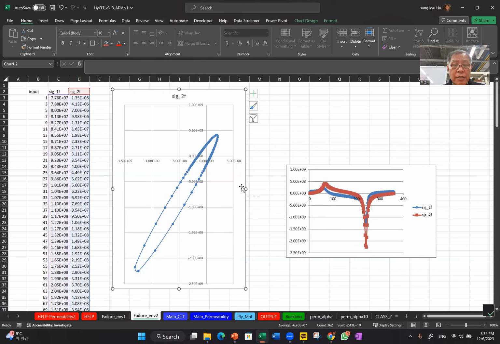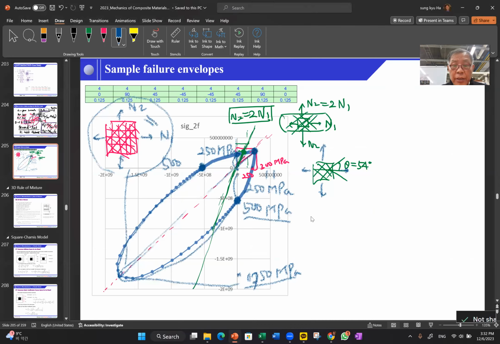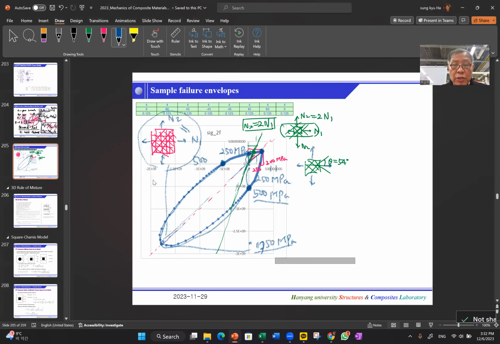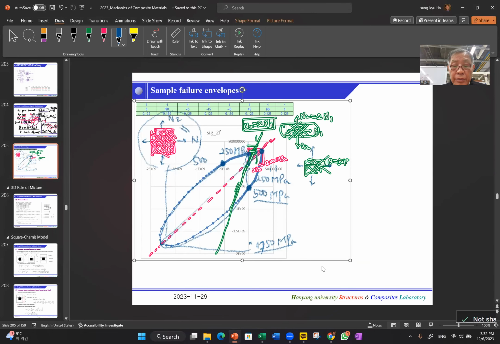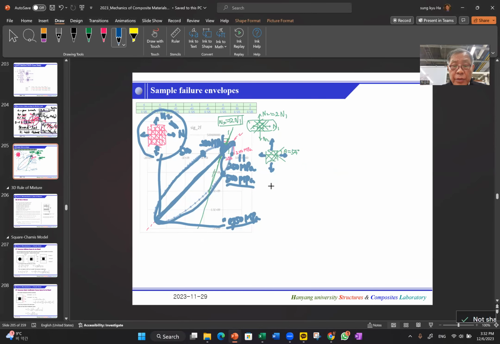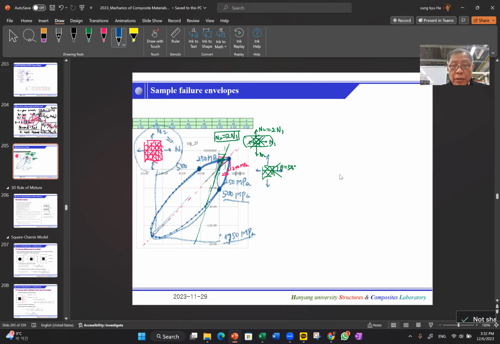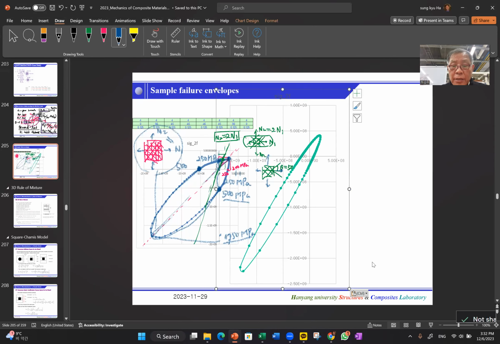Okay, like this. Now, as you can see, I'm gonna copy this one into here and then plot side by side.